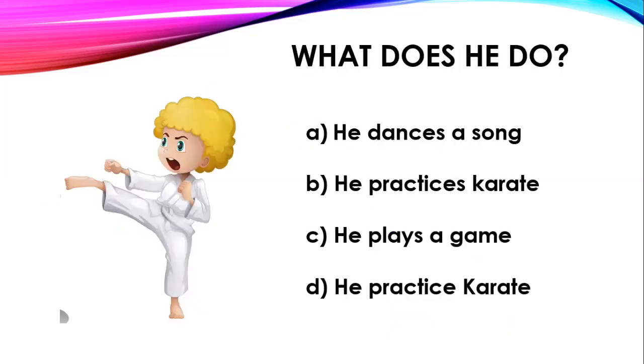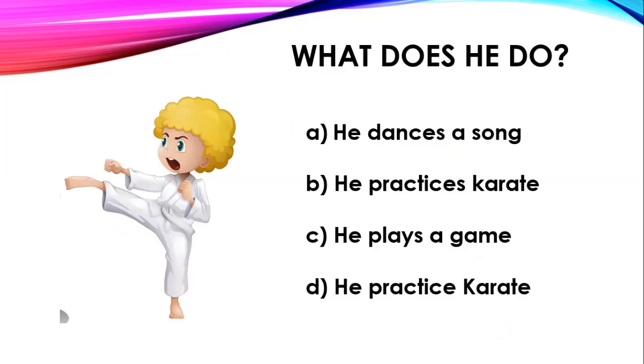So I want you to look at the picture and tell me the correct answer. Okay. What does he do? He dances a song. He practices karate. He plays a game, or he practices karate. What do you think? Those who think that the correct answer is letter D, you are close but not enough, okay?